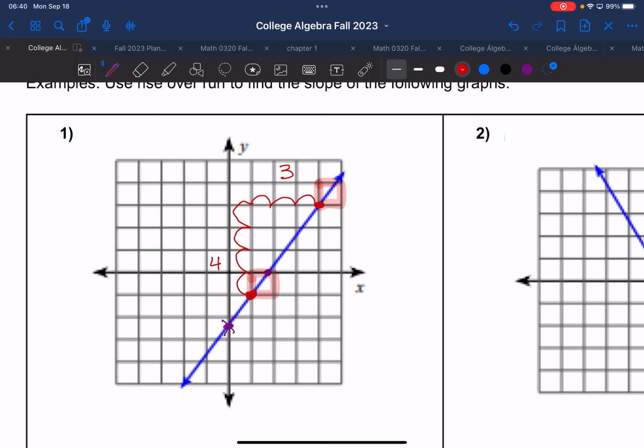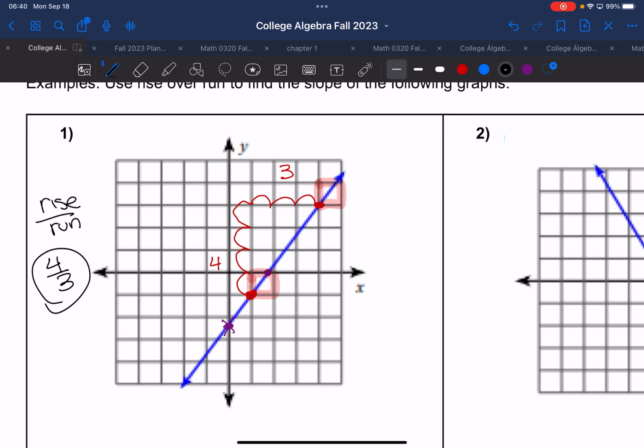And again, we're going in the right direction, so this is a positive 3. So if I was to write my rise over run, my slope would be 4 over 3. If we ever get a fraction that can be reduced, we would reduce that, and that would still give us the slope, just in a reduced form. 4/3 cannot be reduced, so this would be our slope.